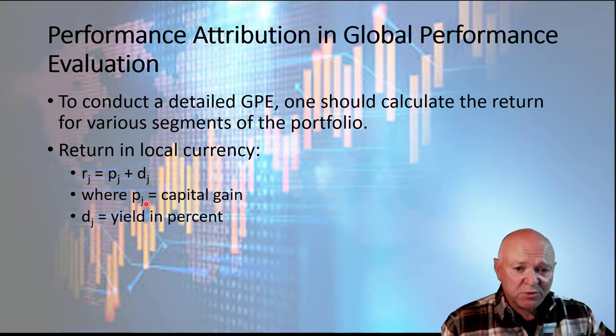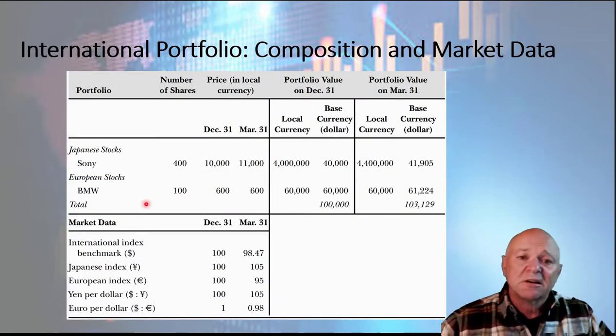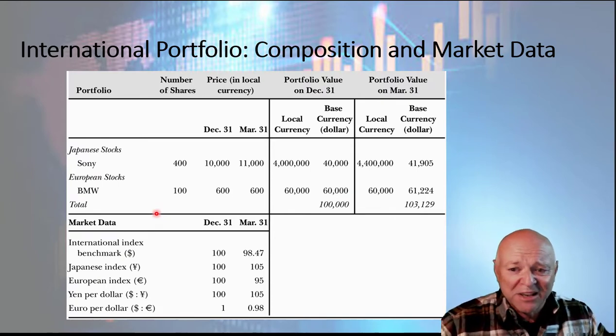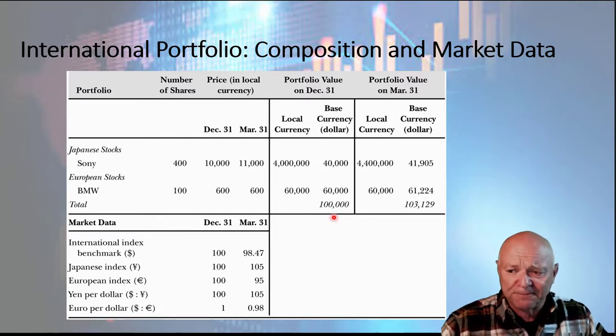The basic data that we're going to start off with, and again, this comes from the Solnick textbook, about page 535. And here we've got a portfolio that's gained a total rate of return over the period of about 3.13%.